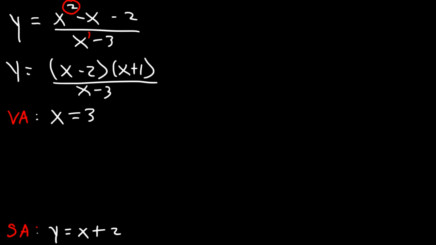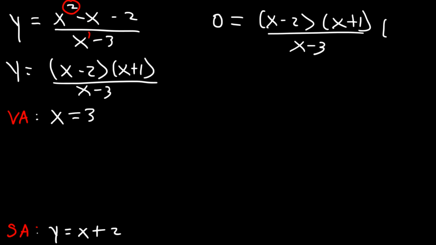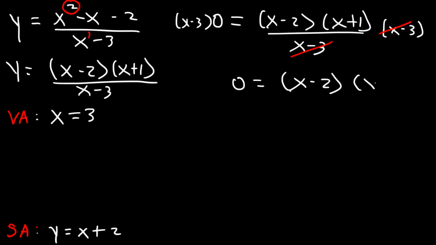Now, what are the x-intercepts? In order to find the x-intercept, set y equal to 0. And then let's multiply both sides by x minus 3. Those two will cancel. 0 times x minus 3 is 0. So 0 is equal to the numerator, which is x minus 2 times x plus 1.